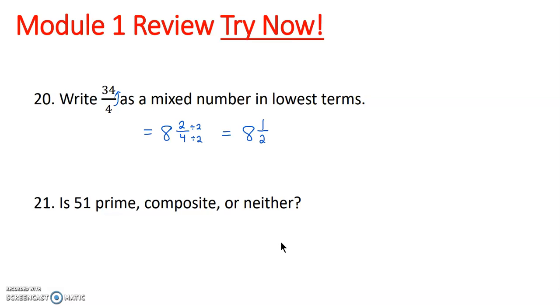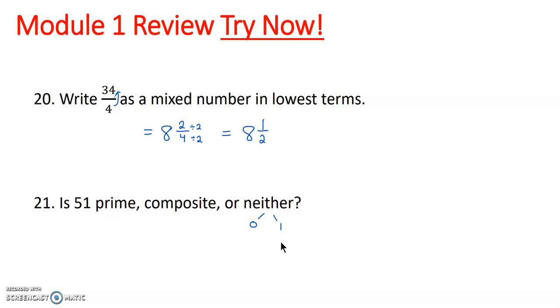So popular composite numbers, of course, would be 12, 15, 18, 24. There's so many composite numbers, and composite can be odd or even numbers. All even numbers are composite, except for the number 2. But there's lots of odd composite numbers. Neither prime nor composite is 0 or 1.